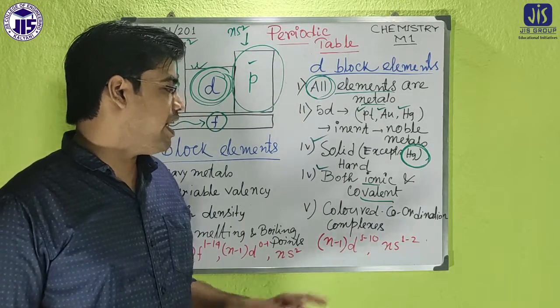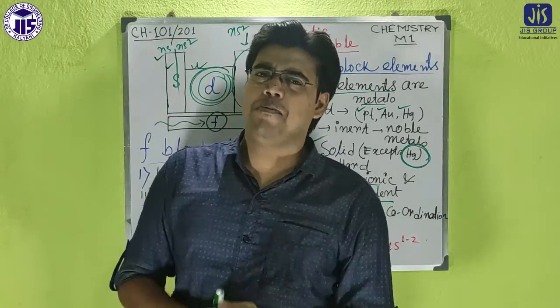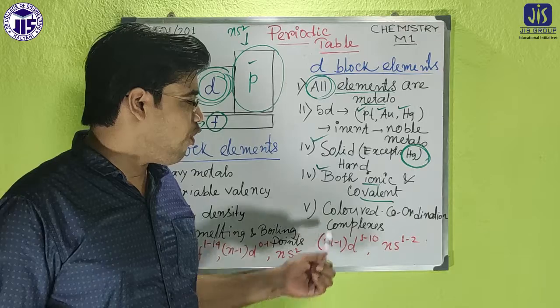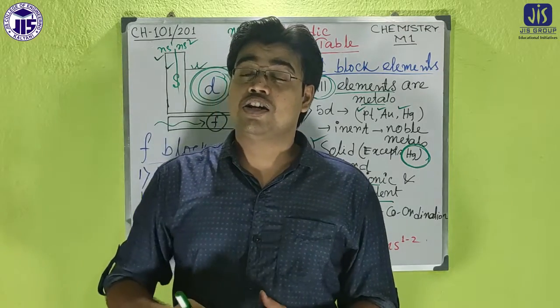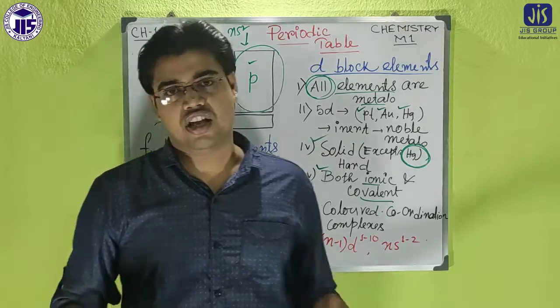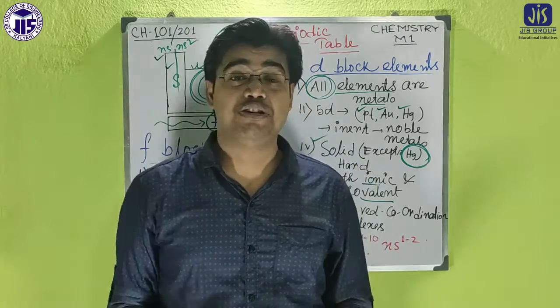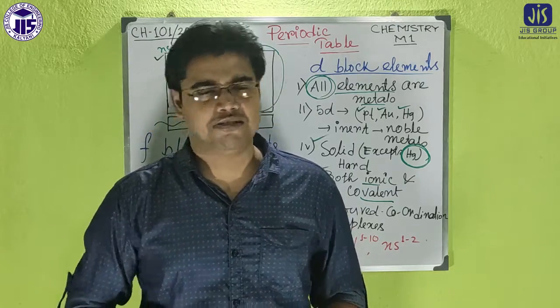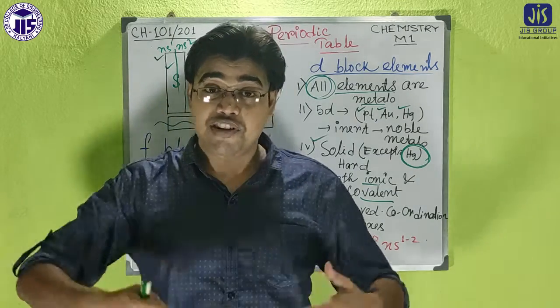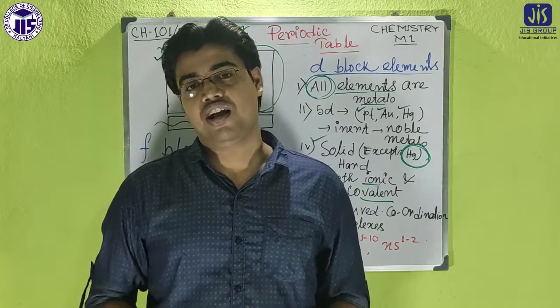Another thing is that transition elements generally form colored complex compounds, or coordination complexes. Complexes means the metal can form several bonds with the ligands, and the compounds are very stable. These compounds are called complex compounds or coordination compounds.